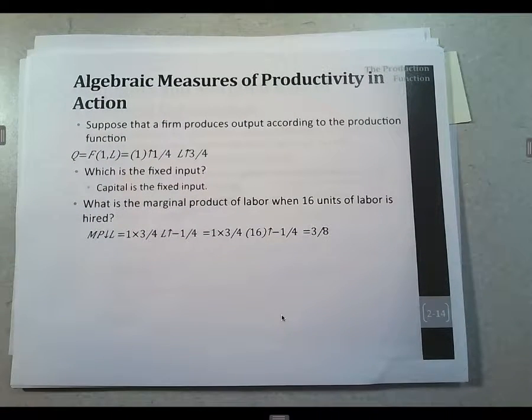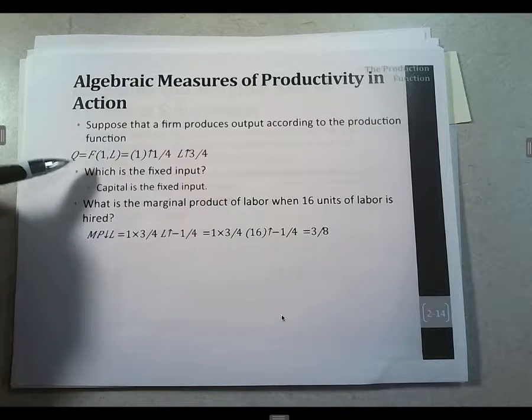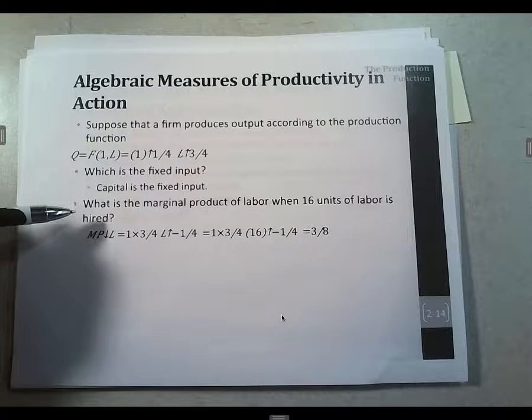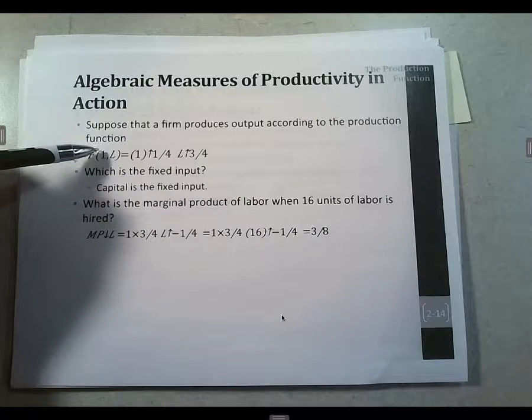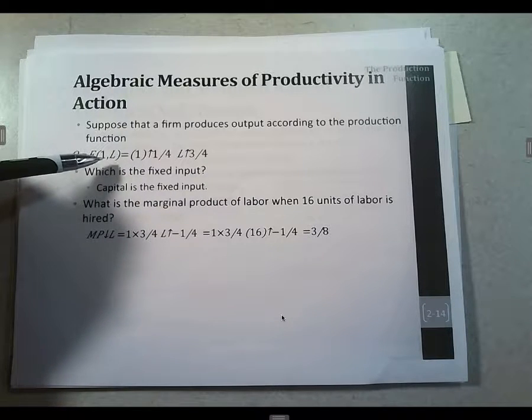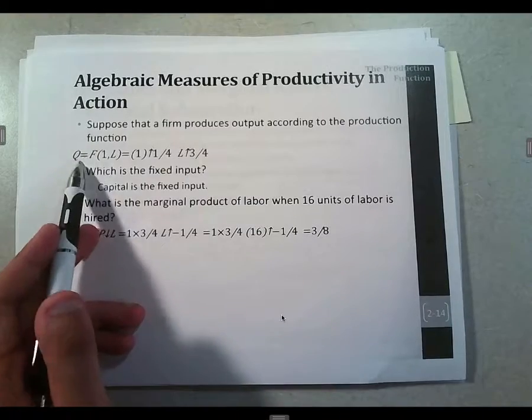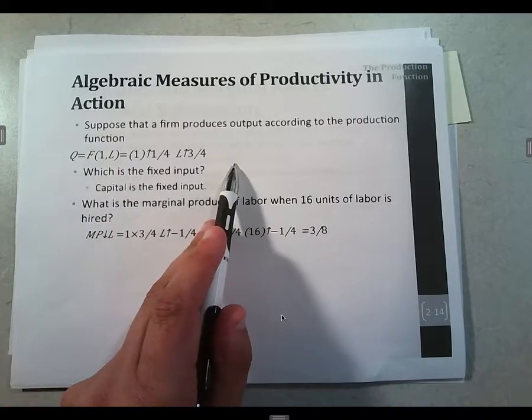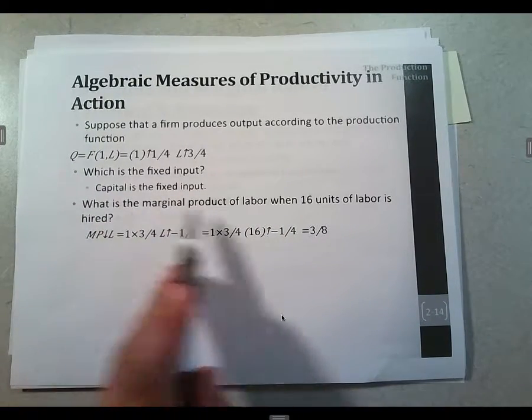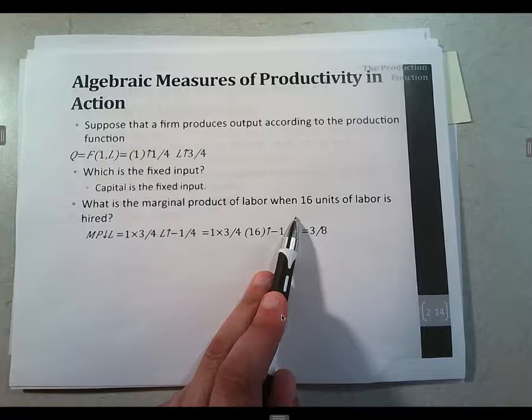Now, what if I ask you to calculate the marginal inputs, or the marginal productivity? Well, what you could do is just change the amount of the input, right? I could solve the function with 15 units of labor, and then solve the function again with 16 units of labor, and see how much the total production changes by.